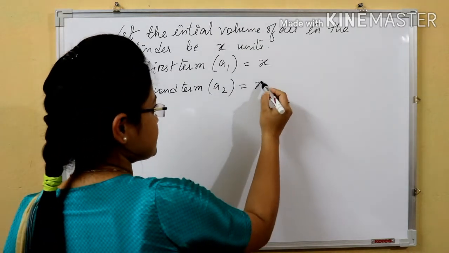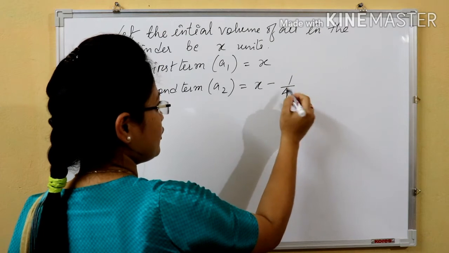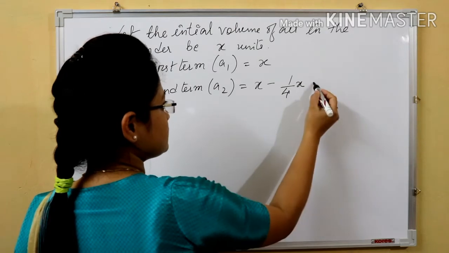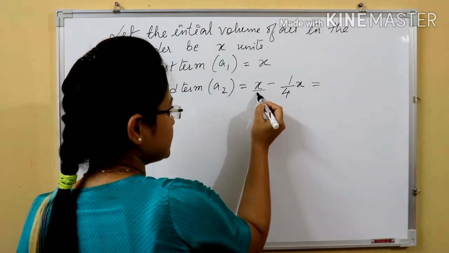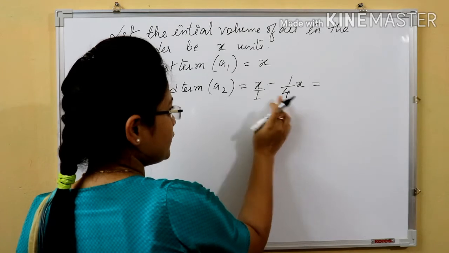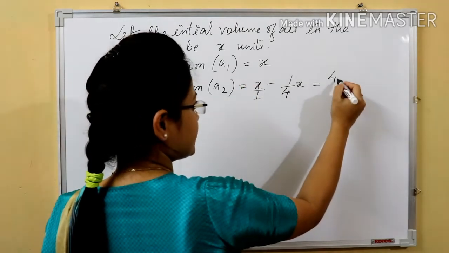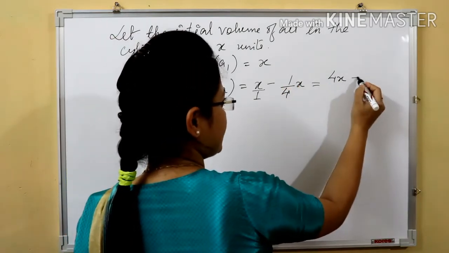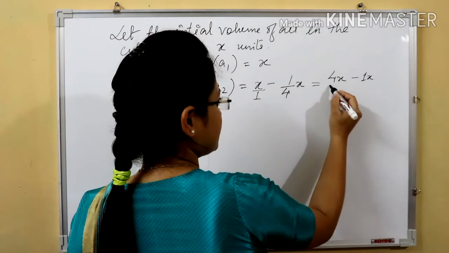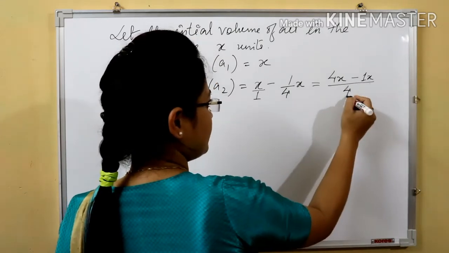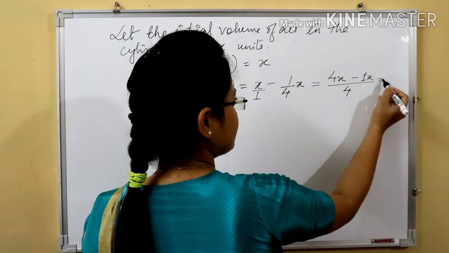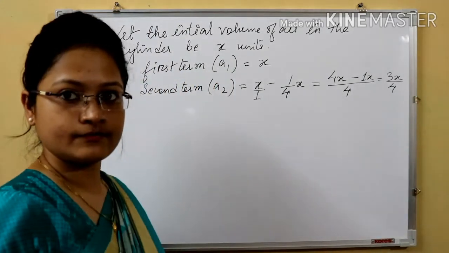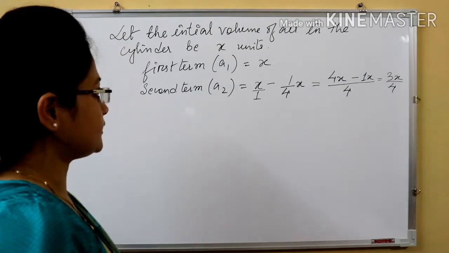That means x minus 1/4 of x. In this case the denominator is 1, so 4 multiplied with x gives 4x, 1 multiplied with x gives 1x, and our denominator will be 4. So 4x minus 1x will give us 3x by 4. So we got our second term.